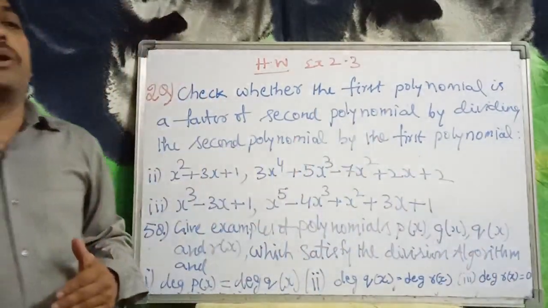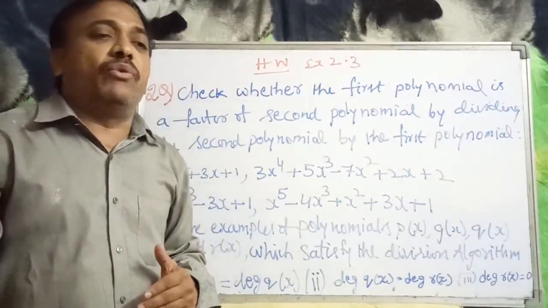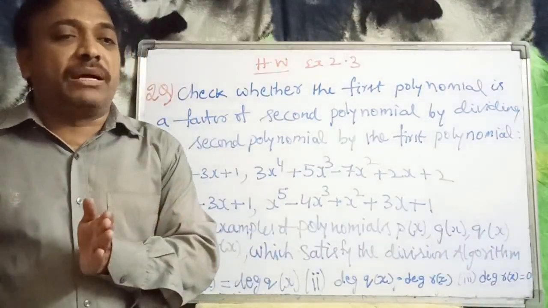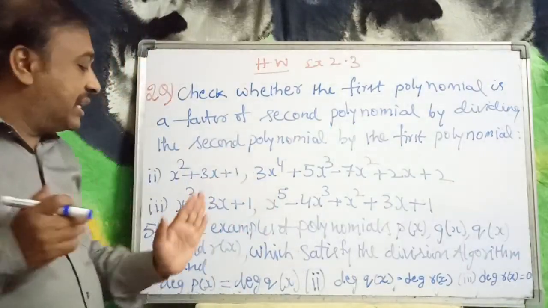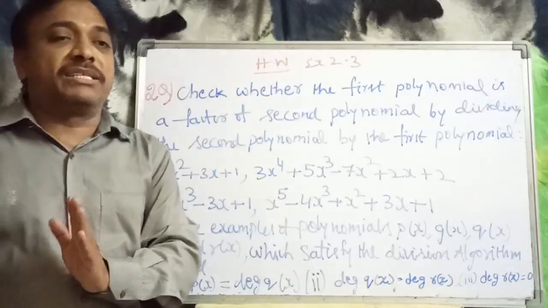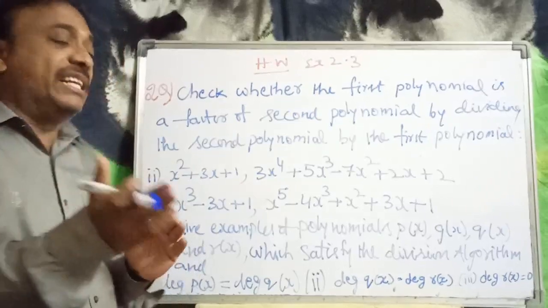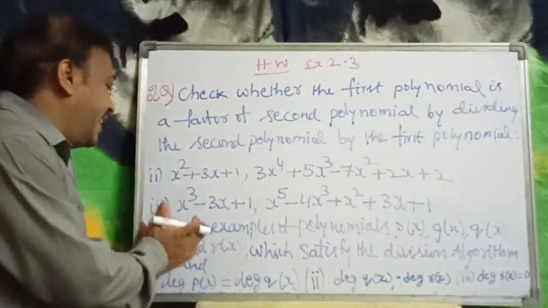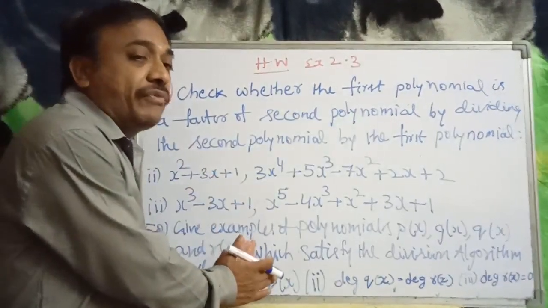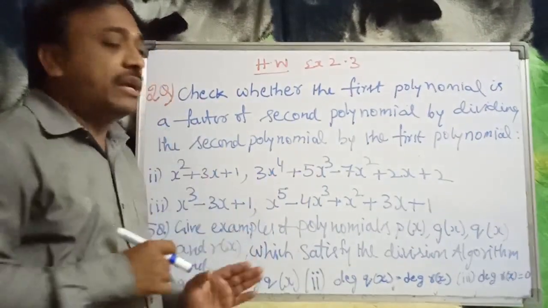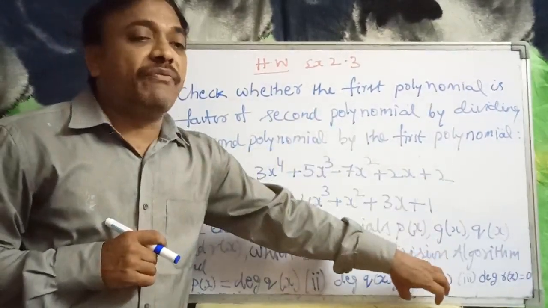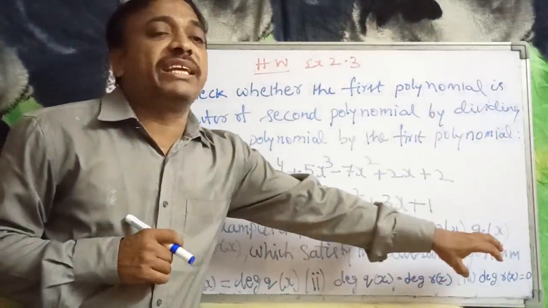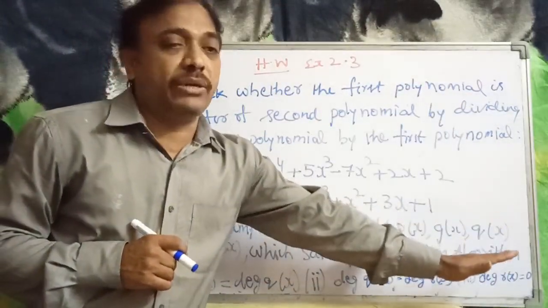But you make your own examples, any number of examples. The answer may vary from one person to another. However you want, the condition should be satisfied: degree of p of x should equal degree of q of x in the first question; in the second, degree of q of x should equal degree of r of x; and in the third, degree of r of x must be 0.